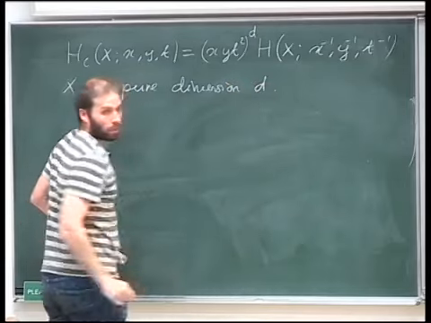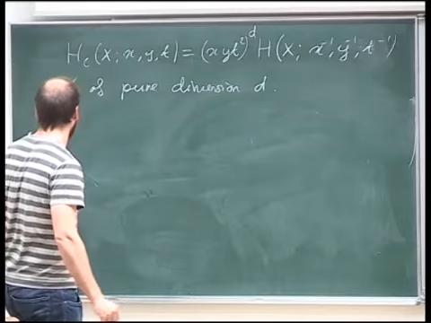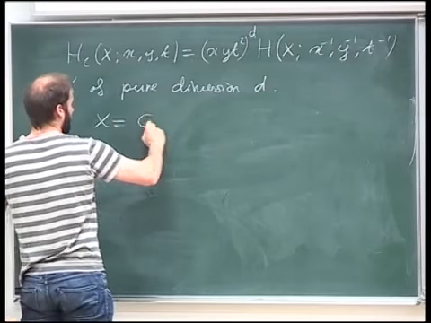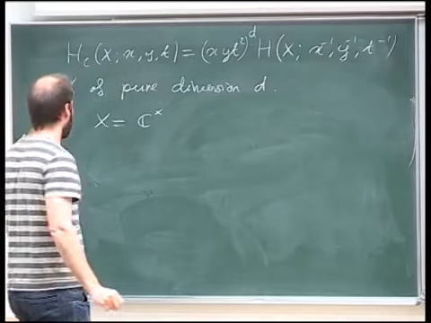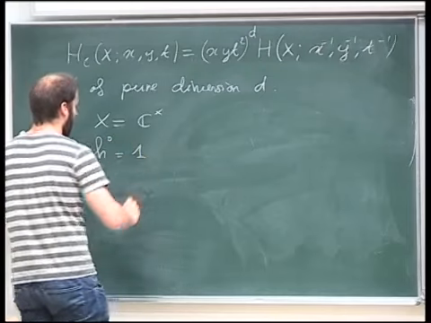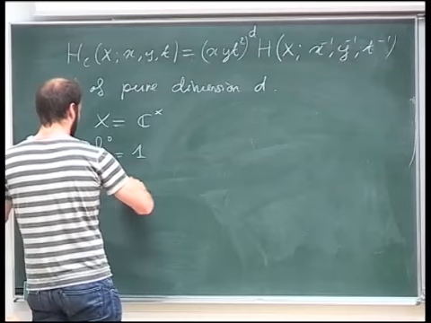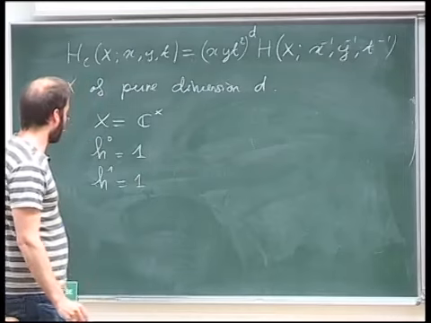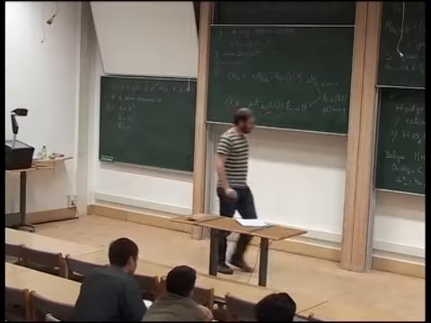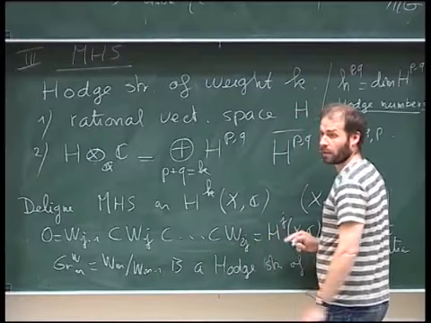Now I'll give an example of how to calculate this mixed Hodge polynomial in a very simple case. If you take X to be C star, then you know the Betti numbers: H^0 has dimension 1, H^1 has dimension 1, and H^2 is equal to 0. Now if you look at the filtration, it tells you that the weight can vary between j and 2j, where j is the degree of the cohomology.